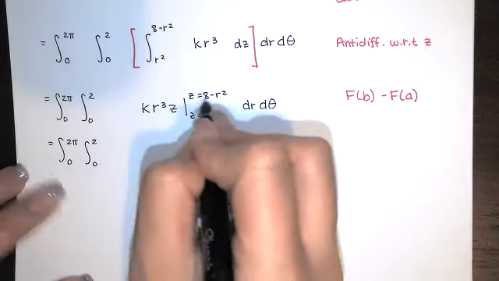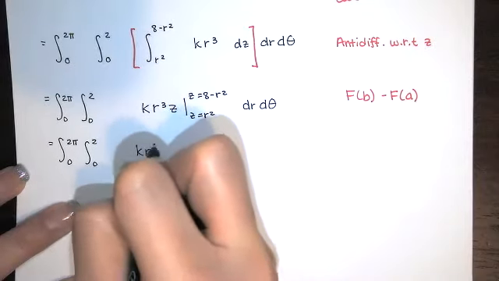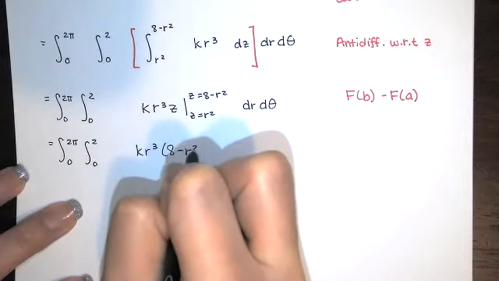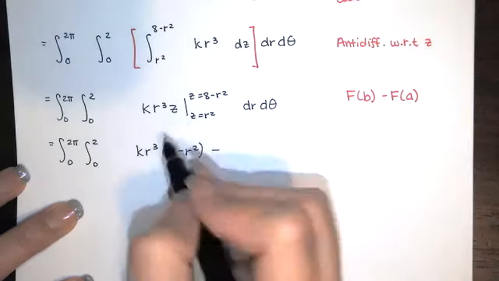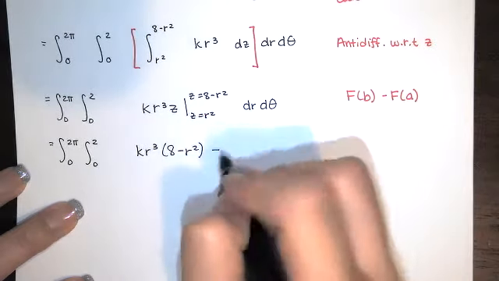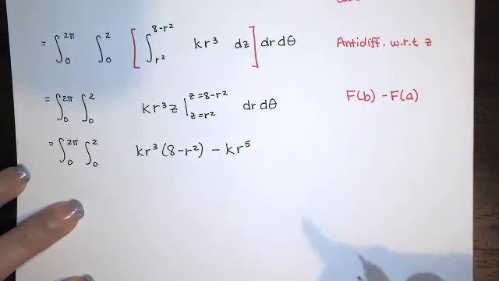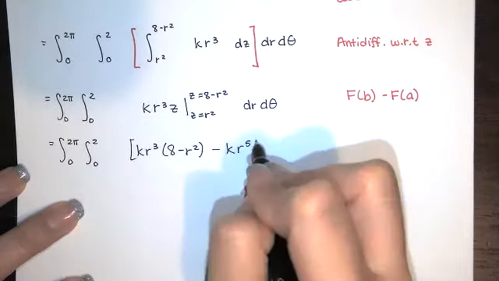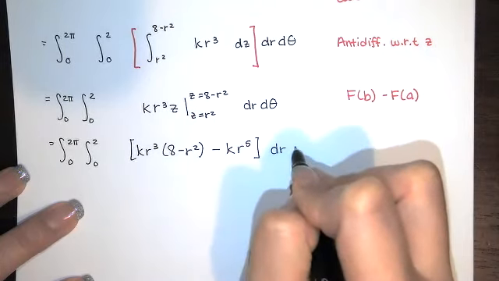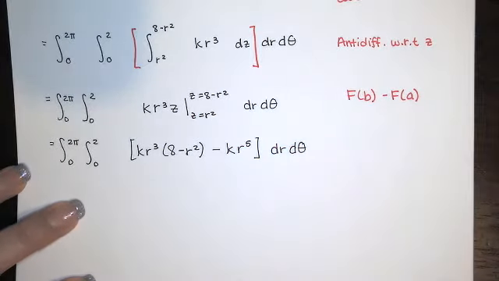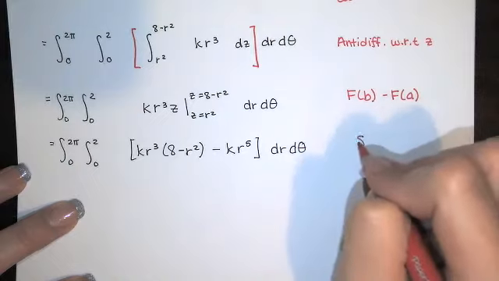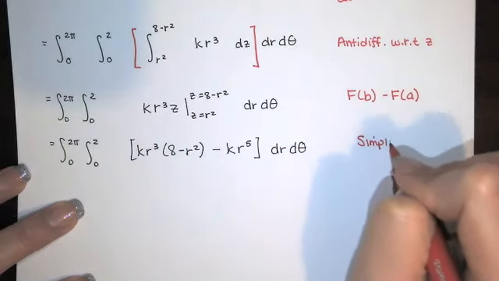So z is being replaced by 8 minus r squared. And then we subtract and we replace z with r squared the second time. r cubed times r squared is going to give us an r to the fifth because we add those exponents together. So we're here now, and we should simplify this.